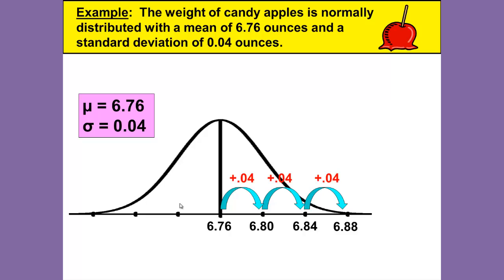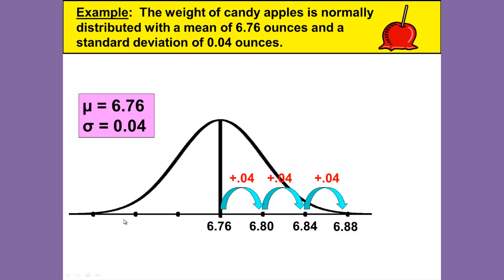That will give us 6.80, then 6.84, and then 6.88, and that gives us our 3 standard deviations above the mean.